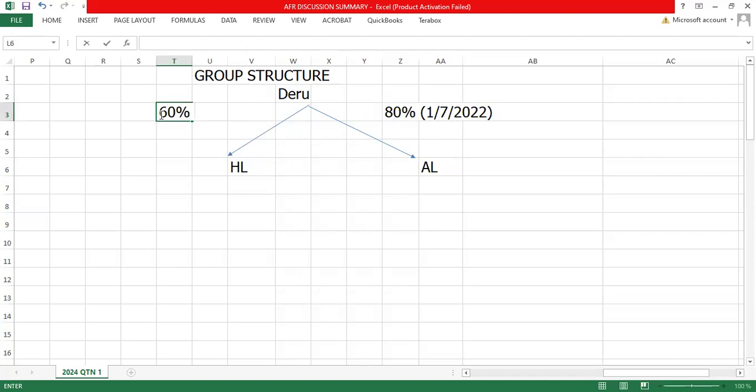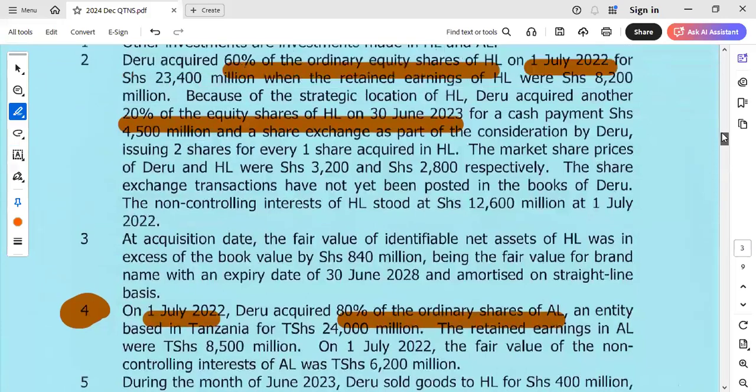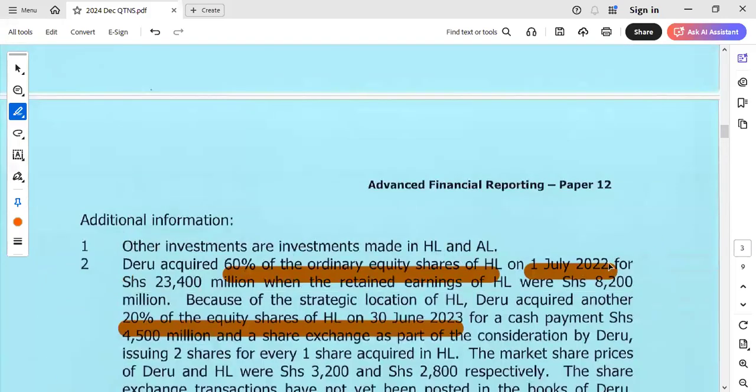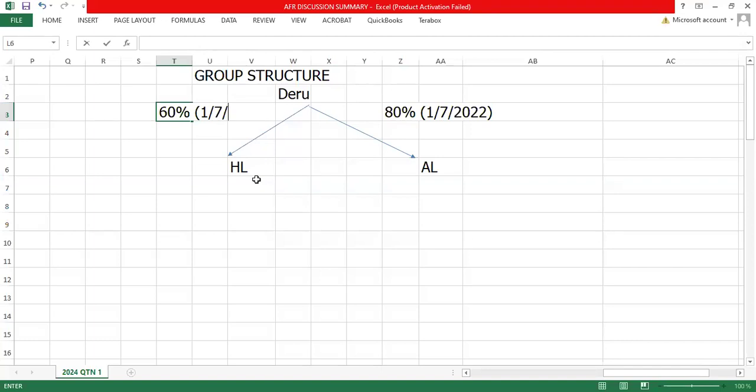That was, when you look at our question, on 1st July 2022. It acquired 60% on 1st July 2022.